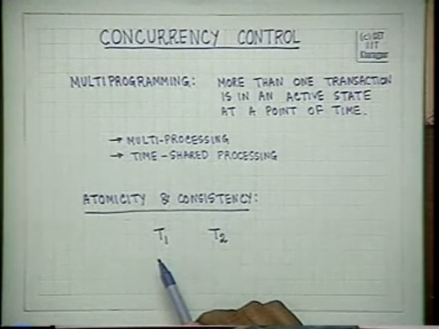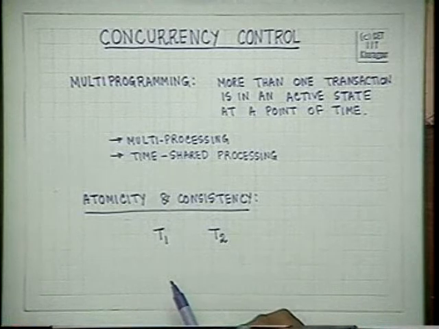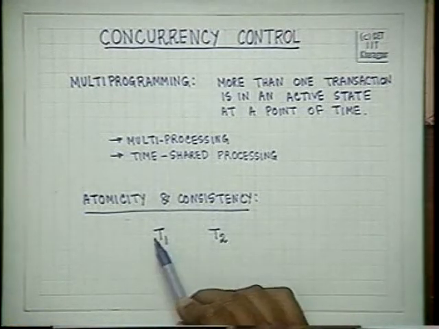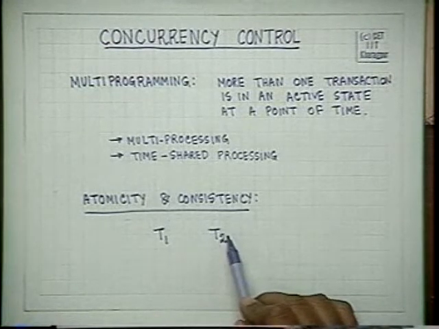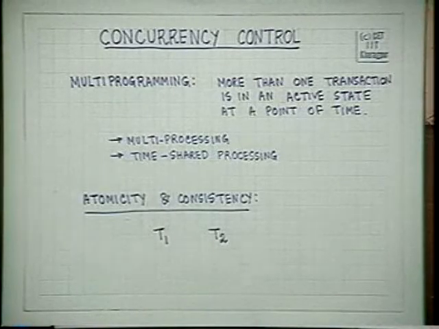It does not matter which one goes before which one goes after which one. It does not even matter if they are interleaved, that is half of T1 is executed, then T2 starts, 1/4 of T2 is executed, then the rest of T1 is executed, and then the rest of T2 is executed. If T1 and T2 do not share any piece of information or data, then there is no difficulty at all.